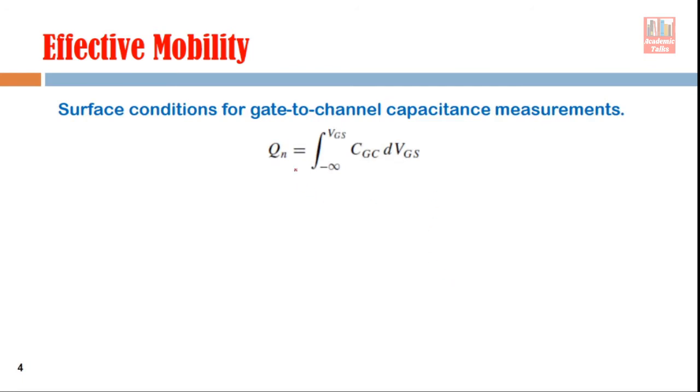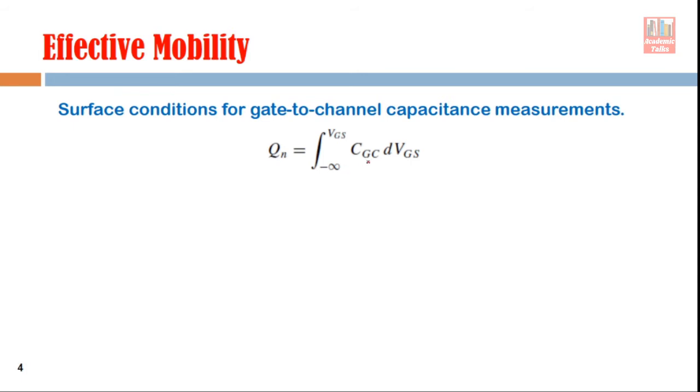So, in order to avoid the difficulties of finding the accurate value of charge, instead of the equation shown in the previous slide, we prefer to use this kind of equation. Here you see this equation has the gate channel capacitance within the integration term, because we discussed that channel capacitance depends on the gate voltage also, right?